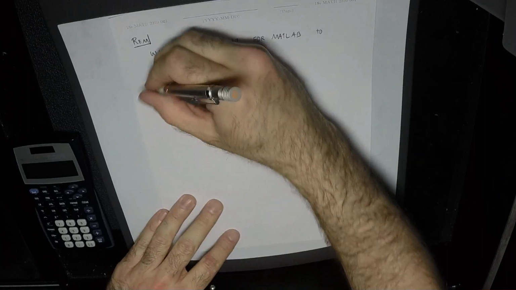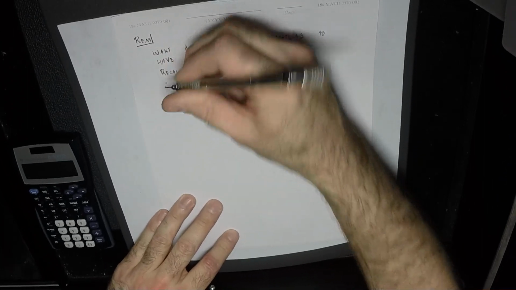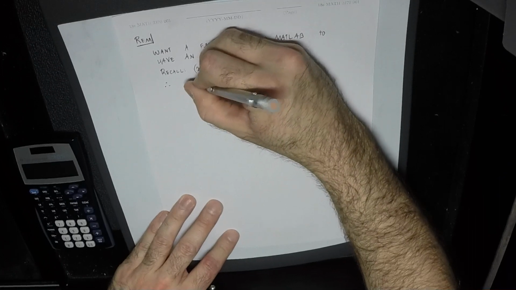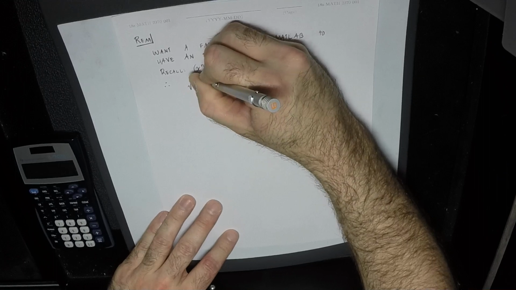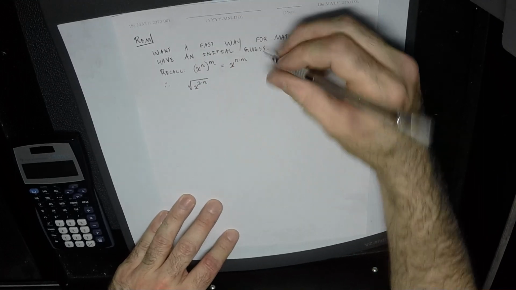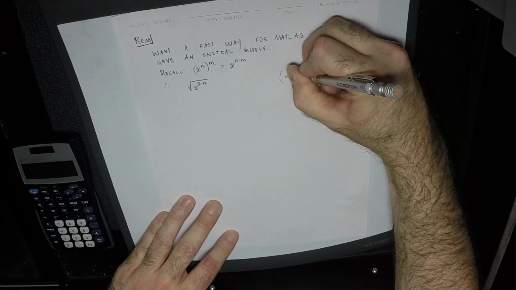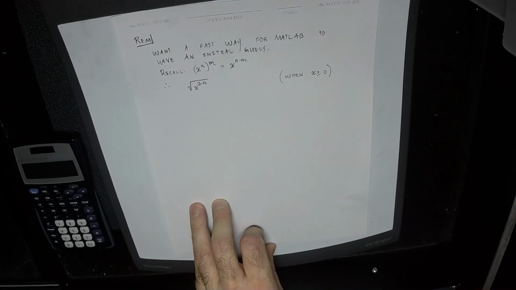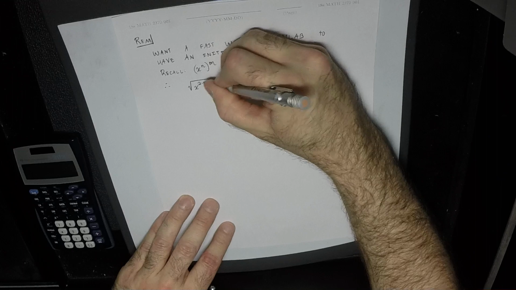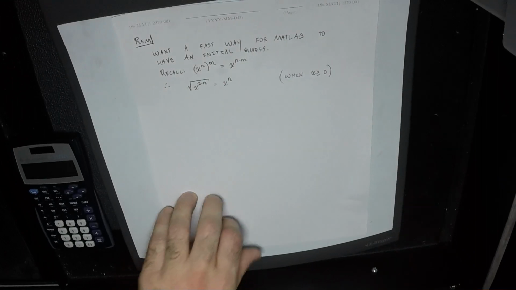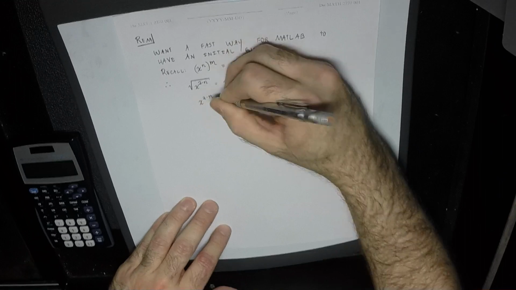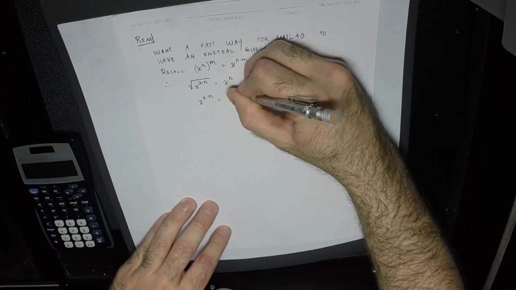So in particular, we know something very easy, that the square root of x to the 2n, when x is non-negative, will be what? x to the n. That's just a restatement of the fact that x to the 2n is x to the n, squared.